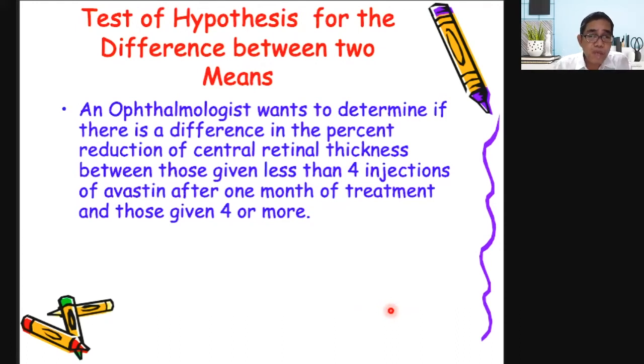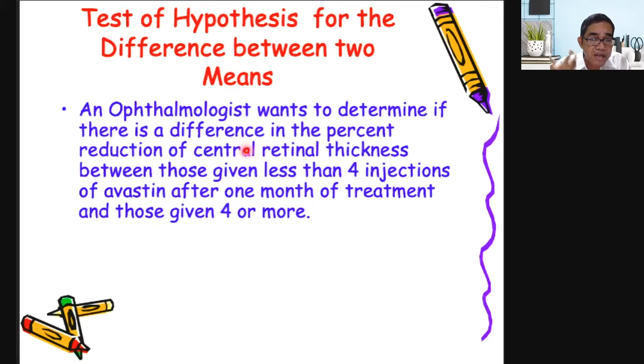Let's give an example for the test of hypothesis for the difference between two means. An ophthalmologist wants to determine if there is a difference in the percent reduction of central retinal thickness among patients given less than 4 injections of Avastin after 1 month of treatment versus those given 4 or more injections. As we said a while ago, Avastin is an off-label drug that ophthalmologists use for macular degeneration, except that the drug will result in thinning of the central retina.